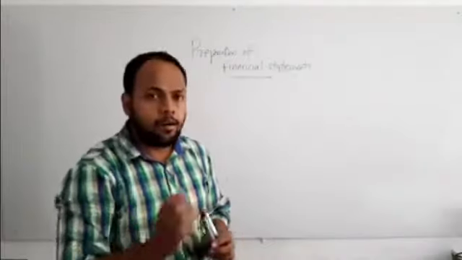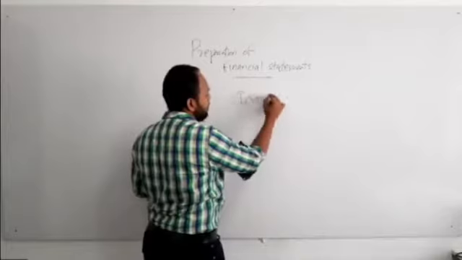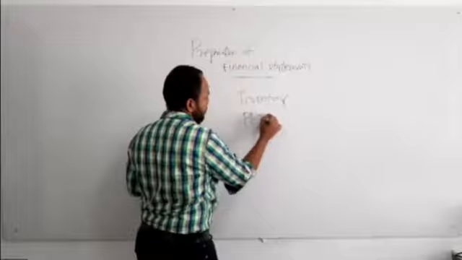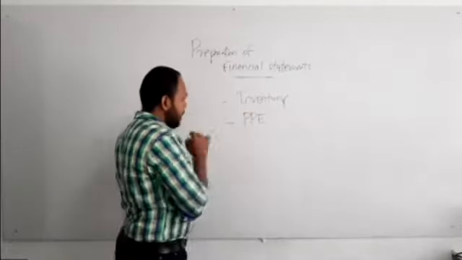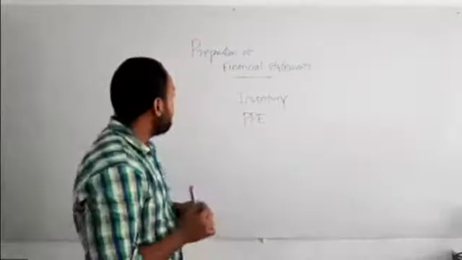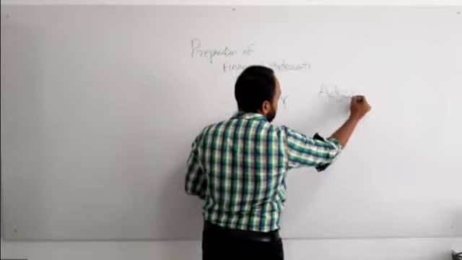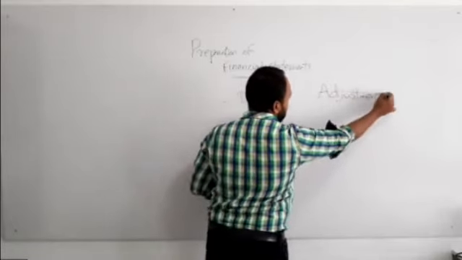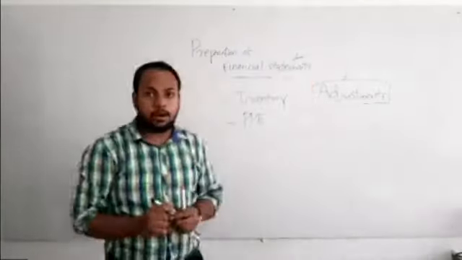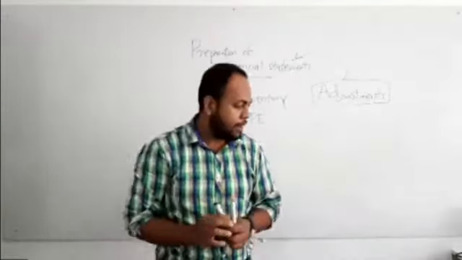Then already we discussed two important standards: inventory and property, plant and equipment (PPE). So today I'm going to discuss some other adjustments, which is very important to do to prepare the final accounts, financial statements, right?